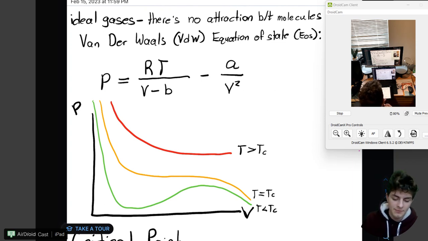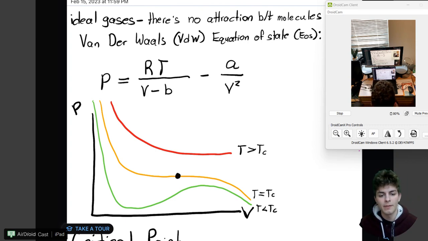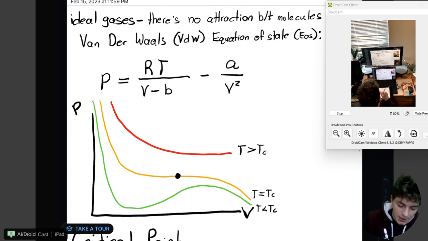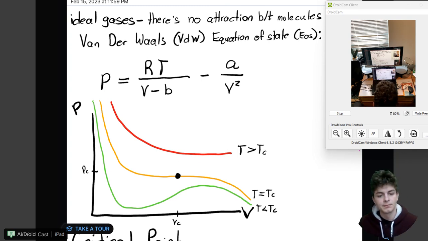On its graph, we can denote a specific position right here that would actually be the critical point for the substance. So here would be the critical volume, and about here, I believe, would be the critical pressure.